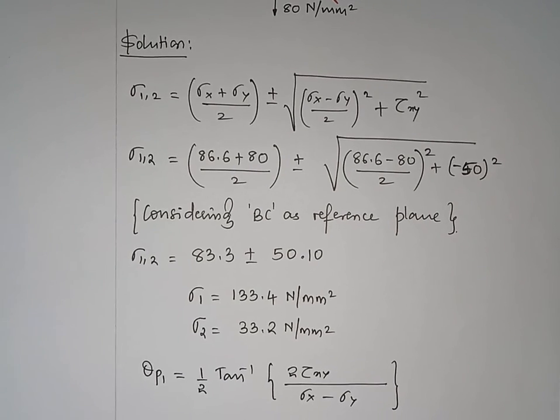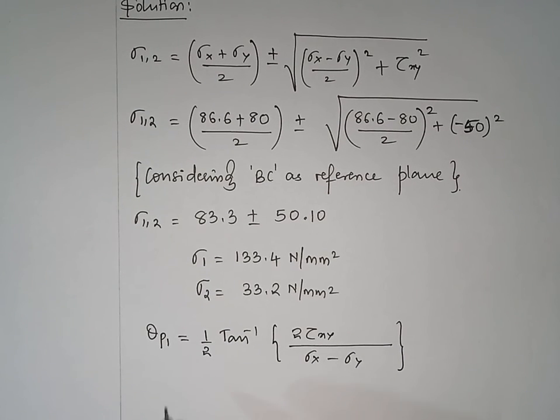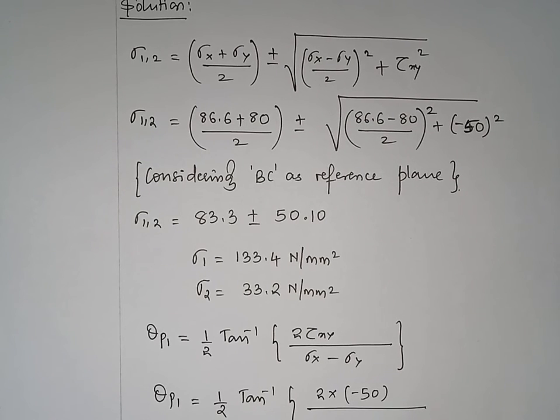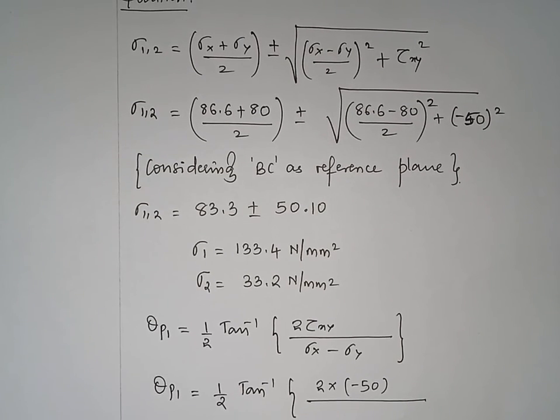So if I substitute the values, theta P1 will be equal to 1 by 2 tan inverse of, now here you be careful, tau xy is taken as negative according to me, so it is 2 into minus 50 divided by sigma x minus sigma y, both are tensile in nature. So sigma x is 86.6 minus 80, right?